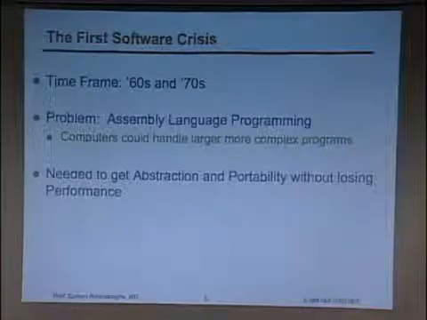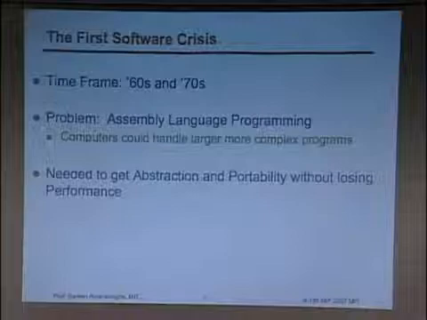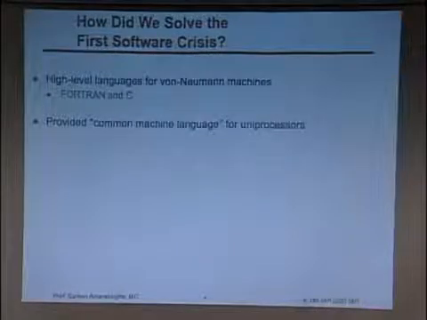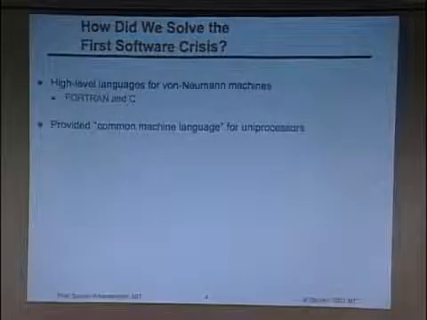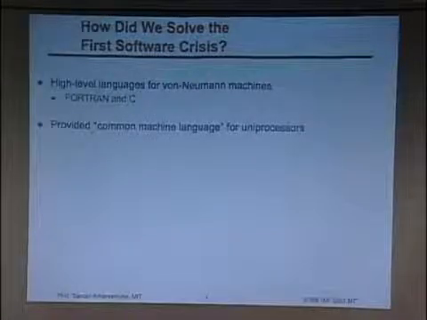So what that means is instead of writing all assembly hacking and dealing with every hardware feature, you can raise the level of abstraction. And the way we solved it in that generation is we came up with these high-level languages like Fortran and C. What those did was provide a common machine language across these machines.